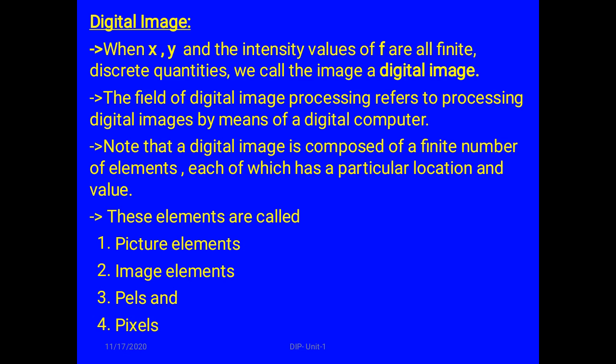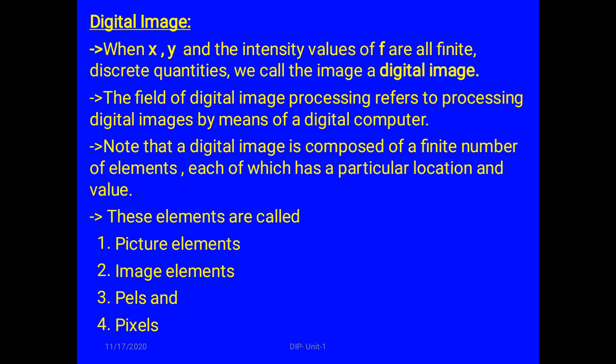Next, digital image. When x, y and the intensity values of f are all finite, discrete quantities, we call the image a digital image. The field of digital image processing refers to the processing of digital images by a digital computer. A digital image is composed of a finite number of elements, each of which has a particular location and value.